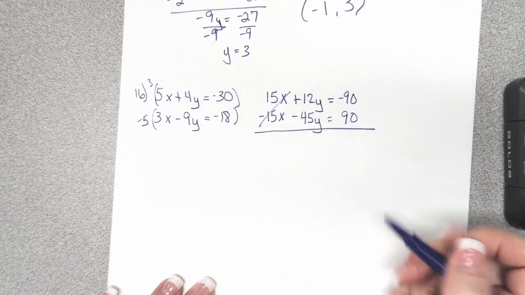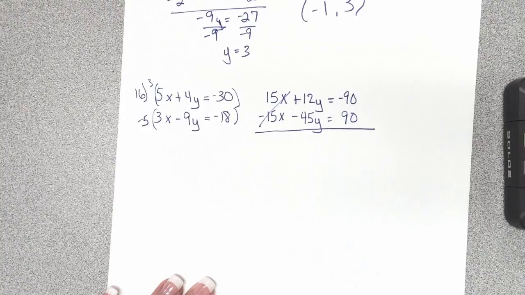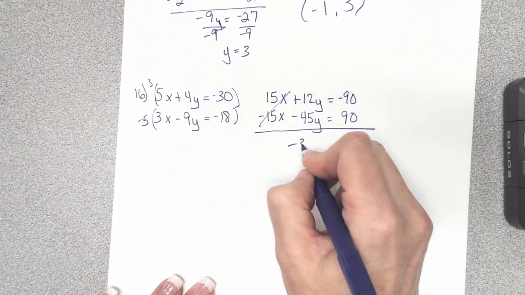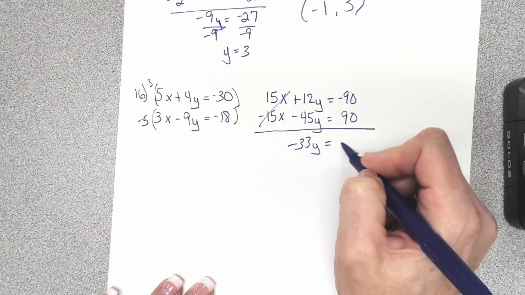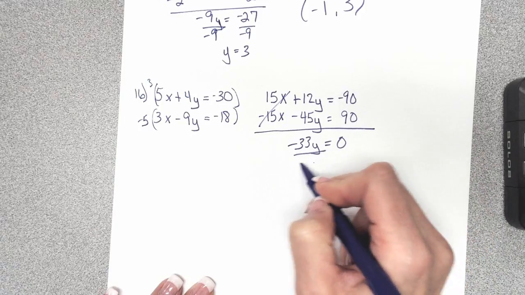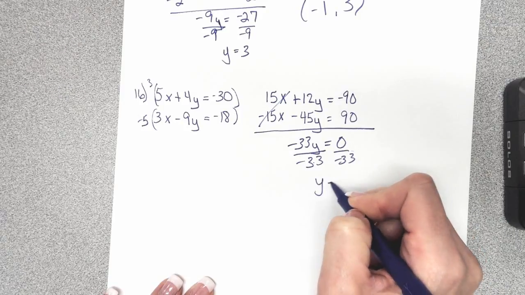X's cancel. 12y minus 45y, we got negative 33y. Negative 90 and 90 is 0. So when we divide by that negative 33, we're just going to get the 0.